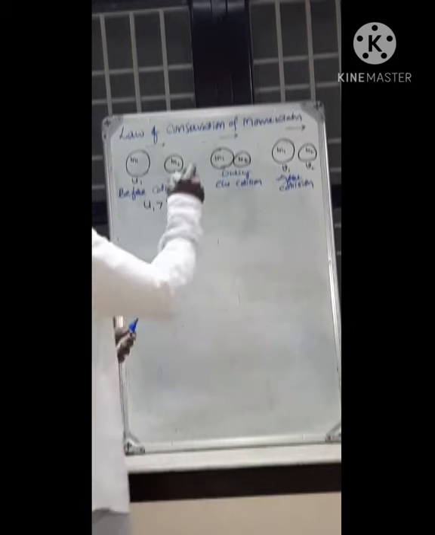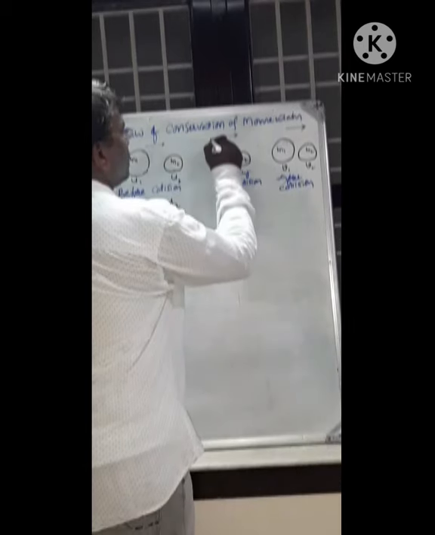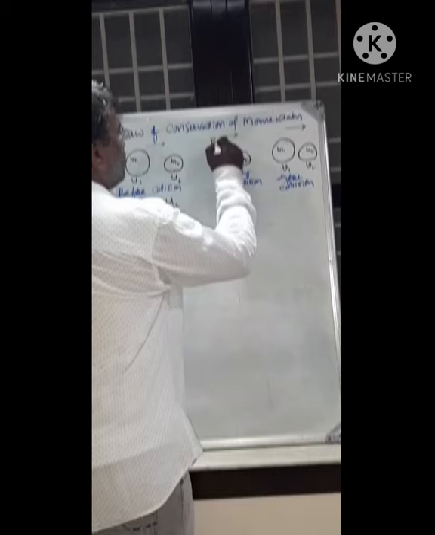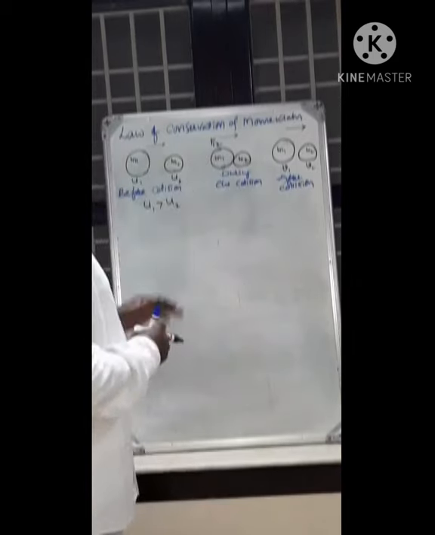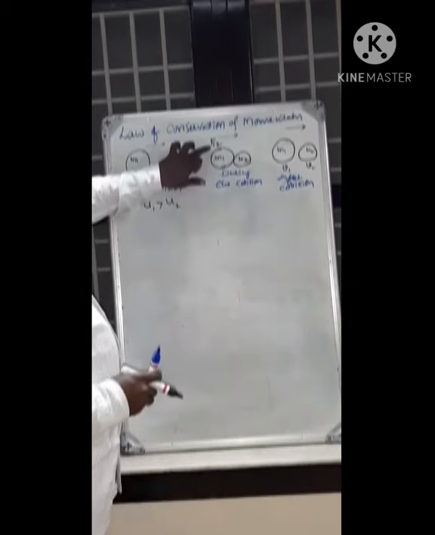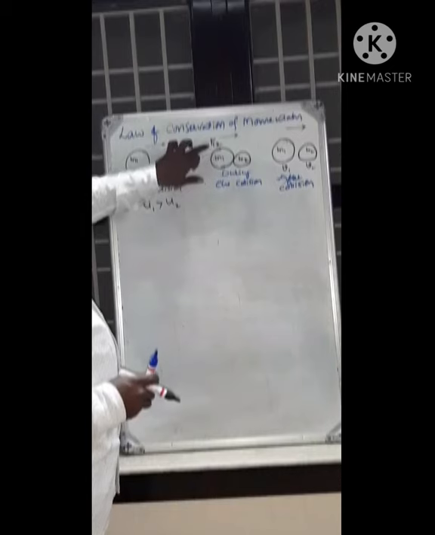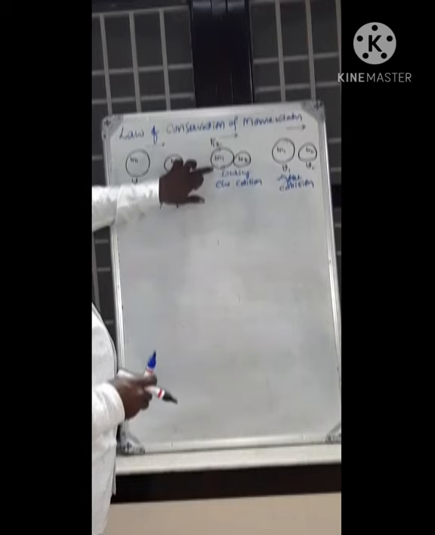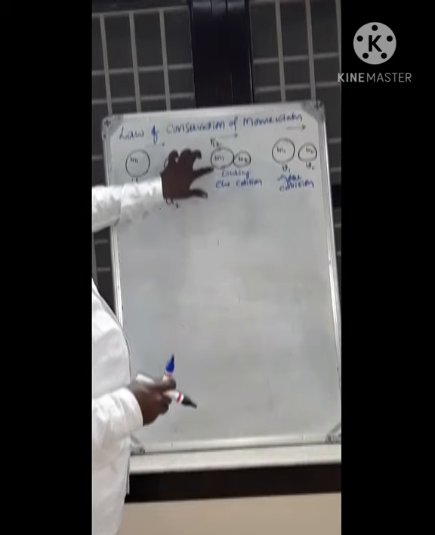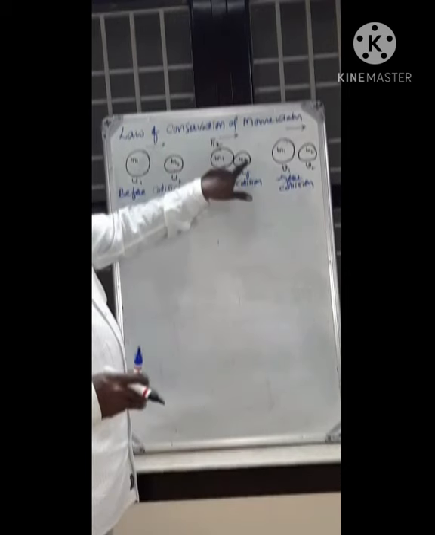Let us suppose it is pebble 1 and it is pebble 2.